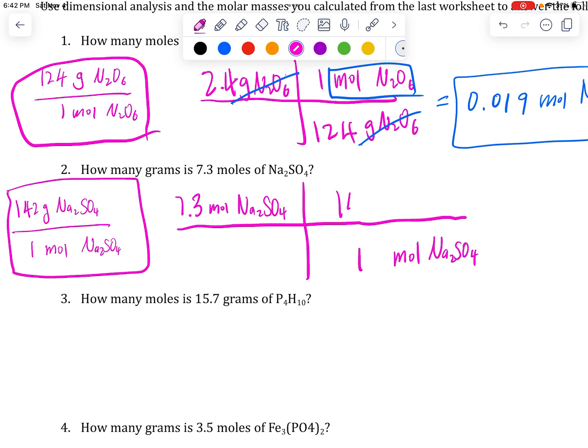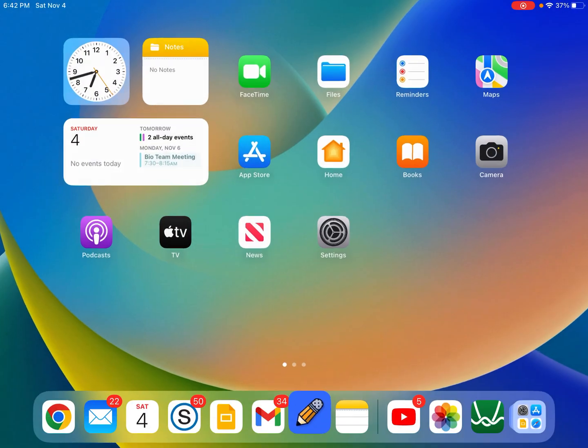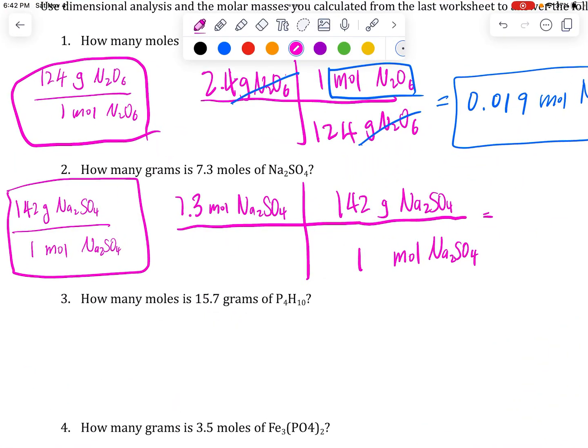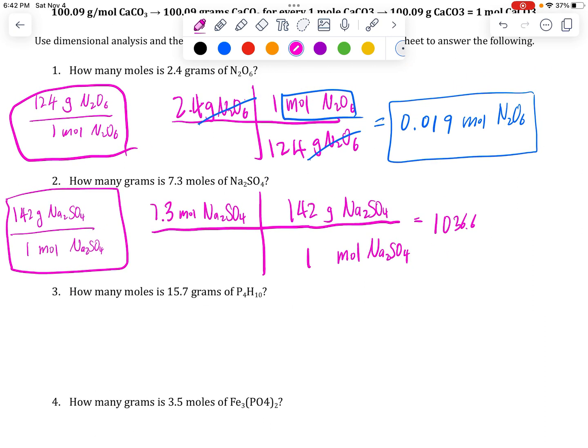Which means 142 grams of Na2SO4. Just like that, right? So multiply those two numbers across, 7.3 times 142. So that's going to be 1036.6 grams of Na2SO4. And that's what I have.